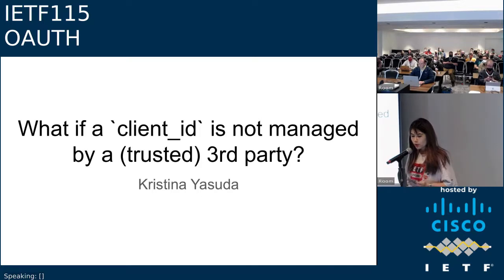Hi, everyone. So the point of the presentation is to draw the working group's attention to how the client ID is being used, note some emerging data points and patterns, and hopefully start a conversation on what we can do about it.